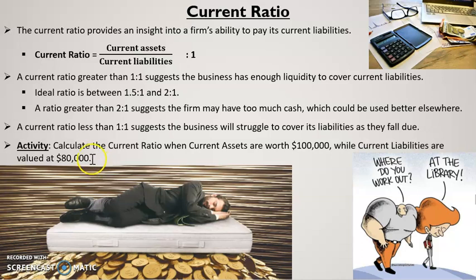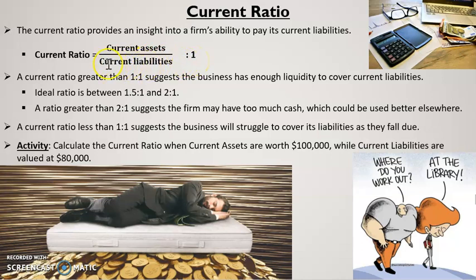So to work out the answer to this question, we would be simply dividing our current assets, which are worth $100,000, by current liabilities, which is $80,000. So $100,000 divided by $80,000 compared to 1 would be generating 1.25 to 1.